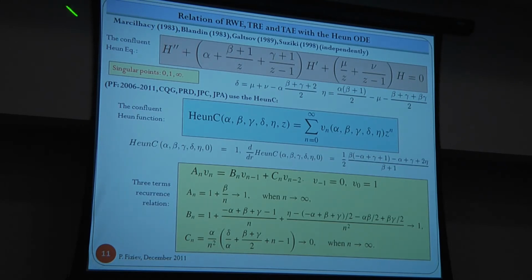It turns out, and it was quite an old result discovered by different authors in different years, that the Teukolsky radial and angular equations can be reduced to the so-called Heun equation. This is a standard mathematical equation with three singular points. More precisely, this is the confluent Heun equation, and it has three singular points. One is 0, which corresponds for Kerr solutions to the inner horizon, the Cauchy horizon.